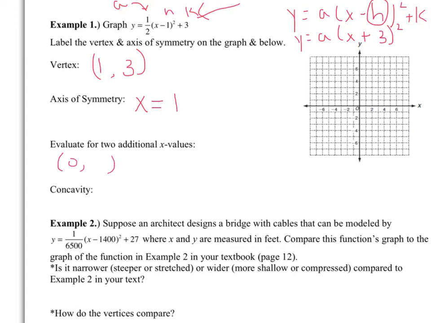If my x value is 0, I'm going to go ahead and just go through that. 0 minus 1, up here in the original equation, is negative 1. Negative 1 squared is positive 1. 1 times 1/2 is 1/2, and 1/2 plus 3 is 3 1/2. So that is the ordered pair 0 comma 3 1/2.